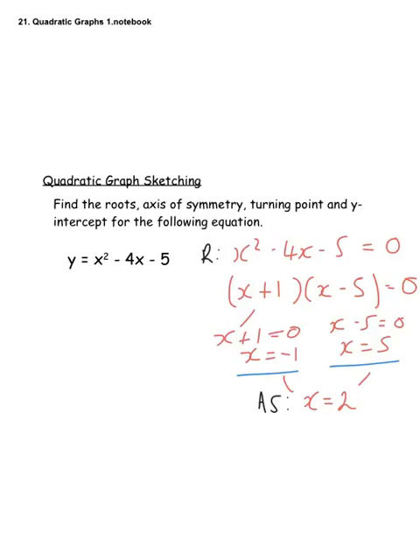And the next thing, the turning point. Well, the turning point is going to occur when x is equal to 2. So what we need to do is we need to sub x equal 2 into the parabola.